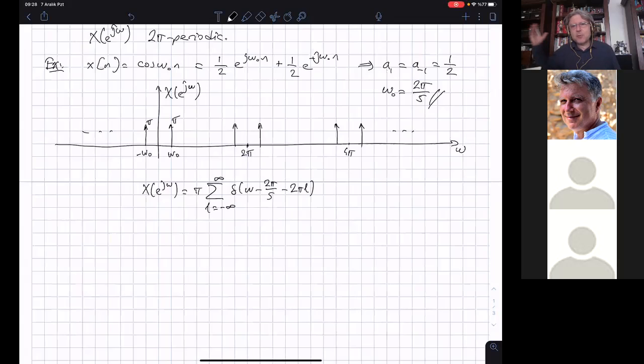The next one is at 4 pi plus omega 0, etc. And then I have another set of impulses from minus infinity to infinity, delta omega plus 2 pi over 5, because it was at minus omega 0. So the next one is 2 pi minus omega 0. The next one is 4 pi minus omega 0. The next one is 6 pi minus omega 0, etc.